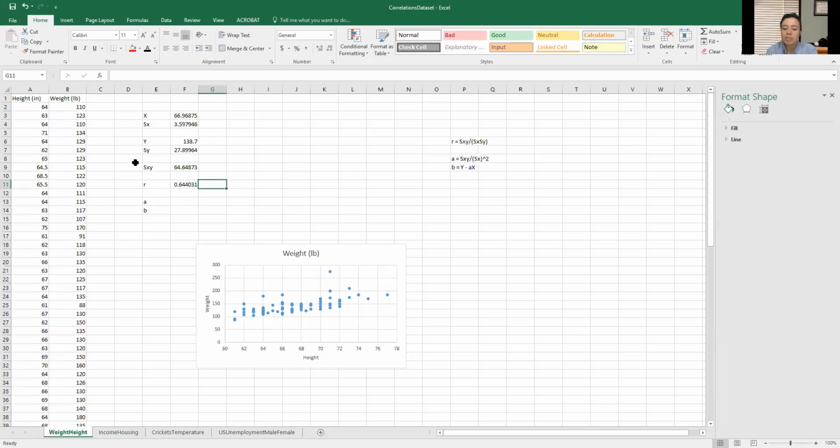There's a much easier way in Excel, as there always is, which is equals correl, and then A2 to A81, B2 to B81. And you get exactly the same result.